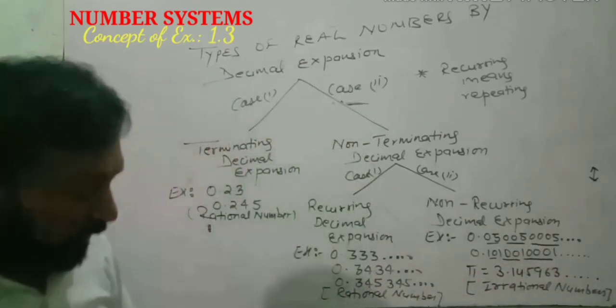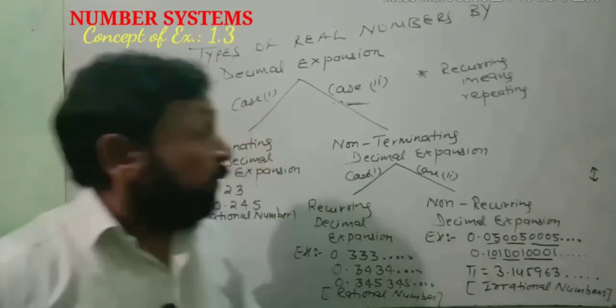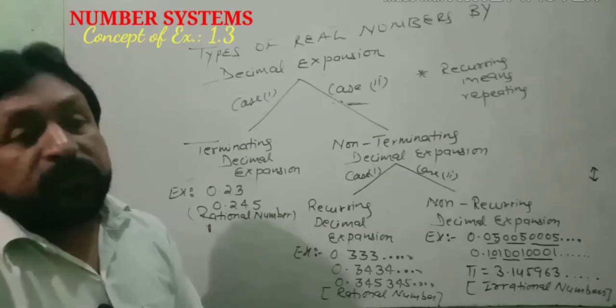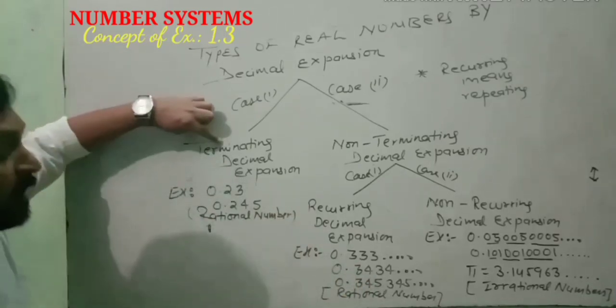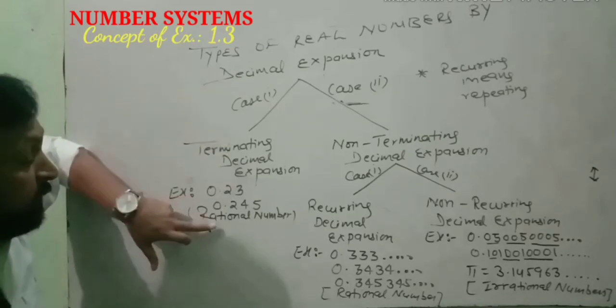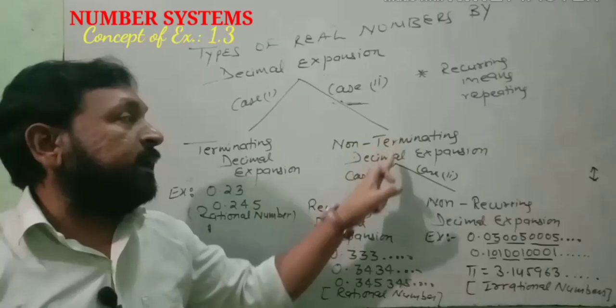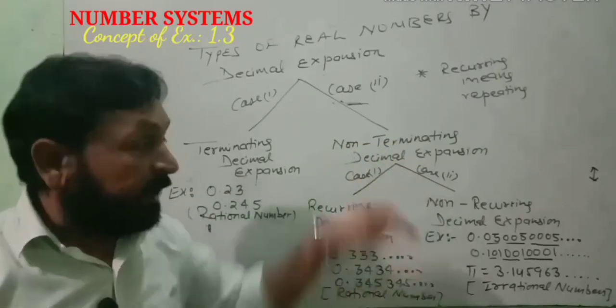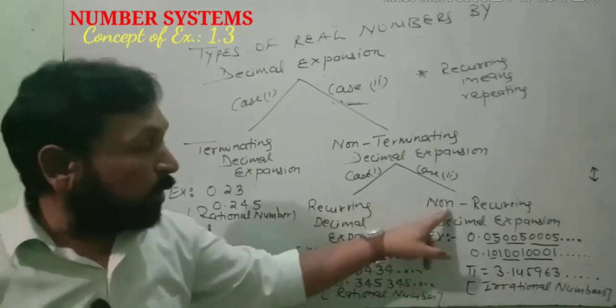What I have told you here is that on the basis of decimal expansion, we can say that a number is rational or irrational. If the case is of terminating decimal expansion, then the number is a rational number. If the case is of non-terminating decimal expansion, then in this we have two cases, recurring or non-recurring.